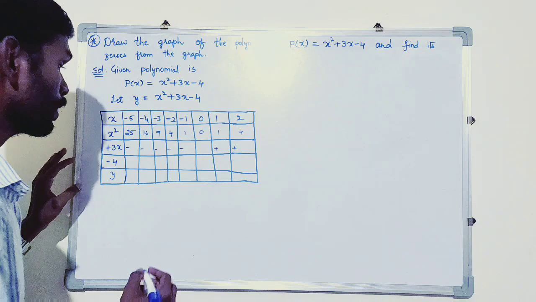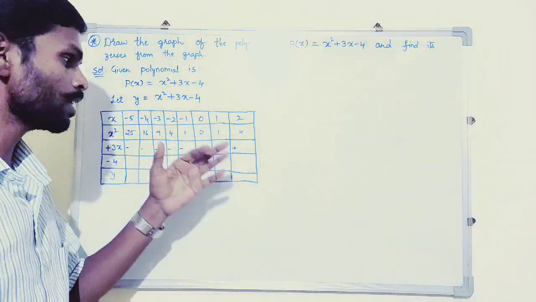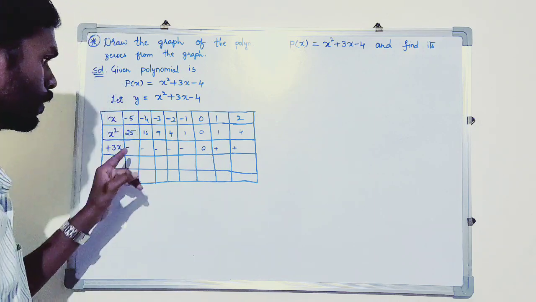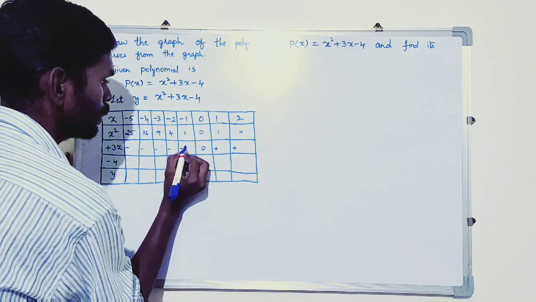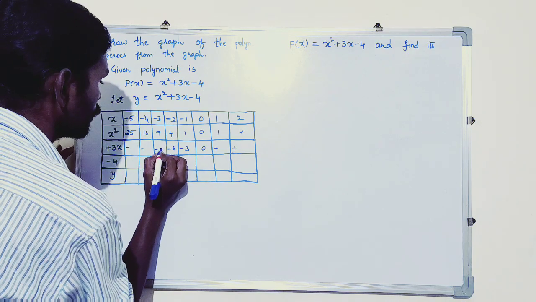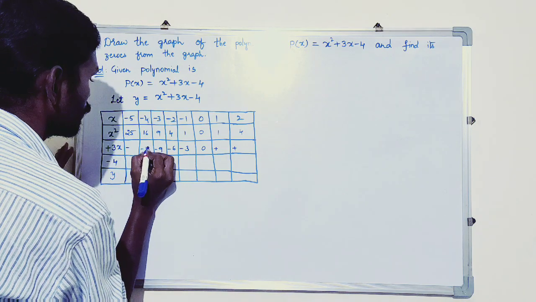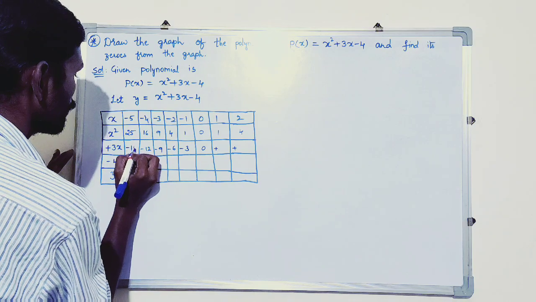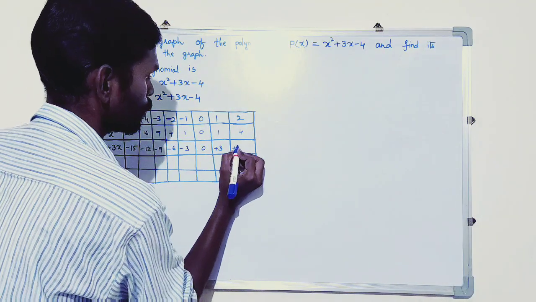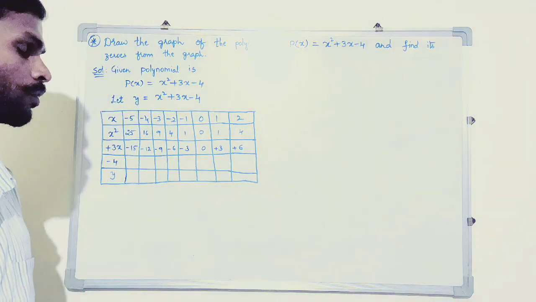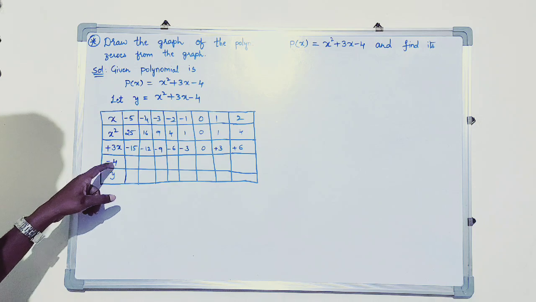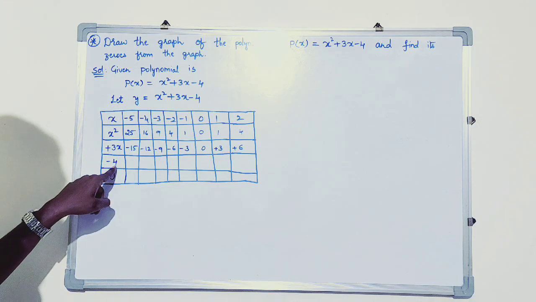Now let us come from this point. 3 zeros are 0, and afterwards 3 ones are 3, 3 twos are 6, 3 threes are 9, 3 fours are 12, 3 fives are 15. Here 3 ones are 3, 3 twos are 6. Now in this row, do you find any x value here?